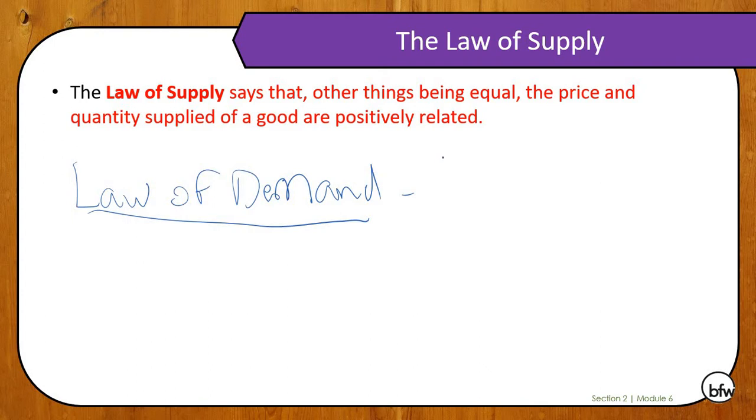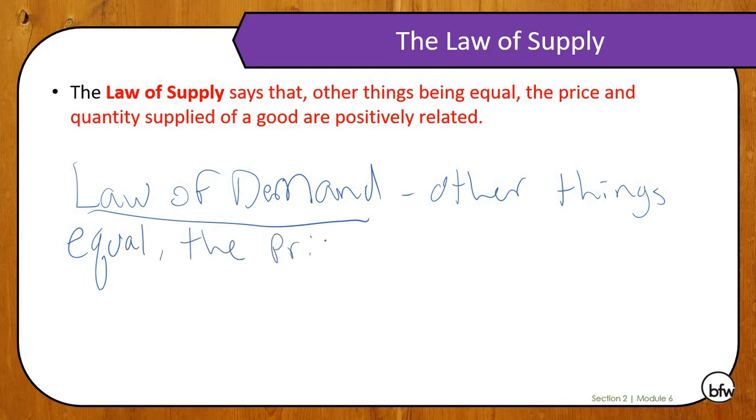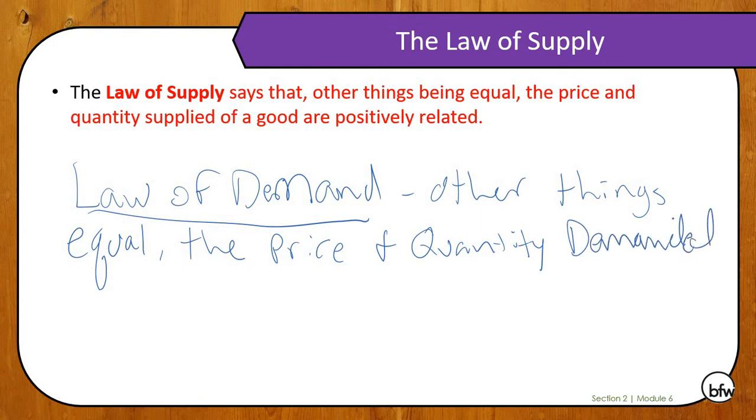Alright, the law of demand states that other things equal, the price and quantity demanded of a good are negatively related.